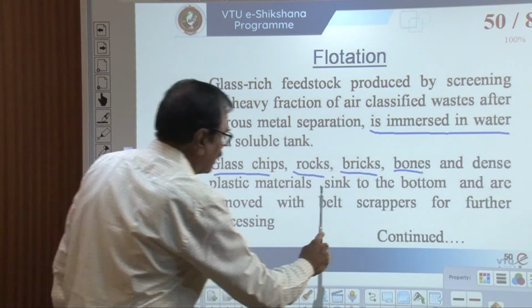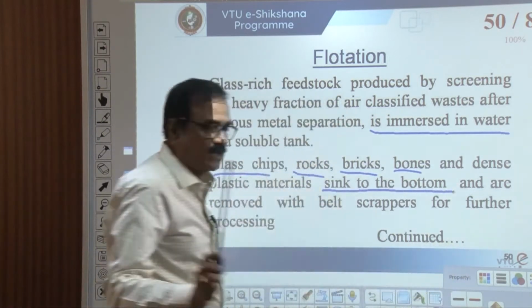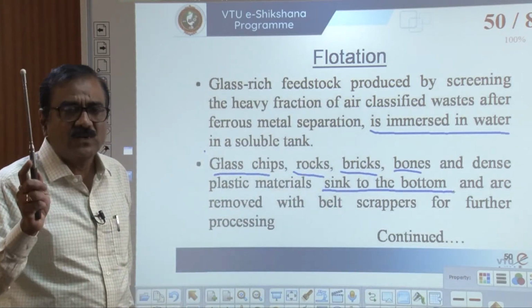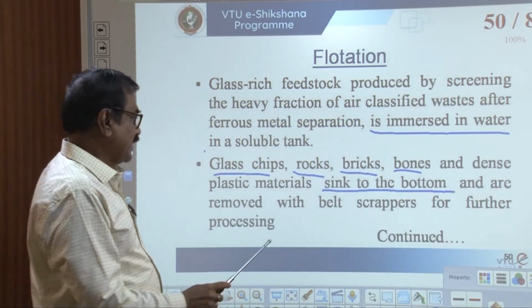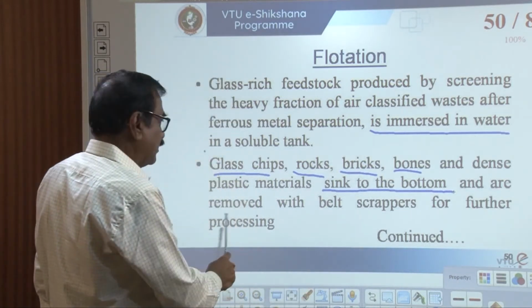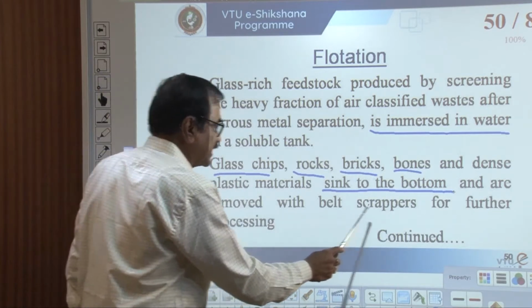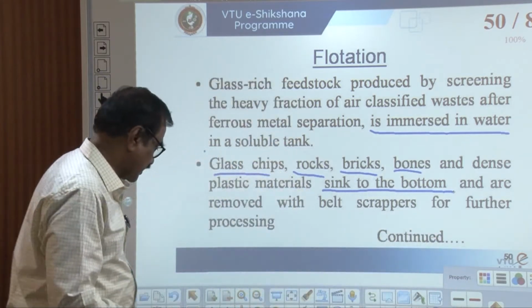They sink to the bottom as their specific gravity is more than that of water, and are removed with belt scrapers for further processing.